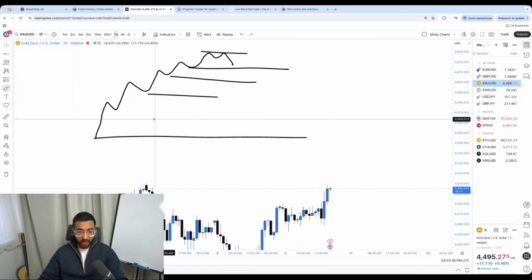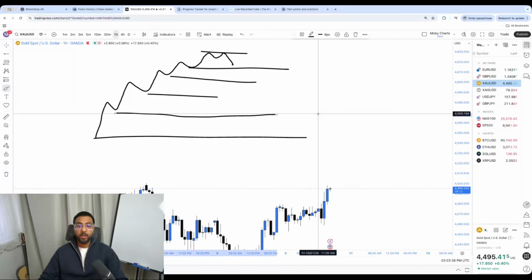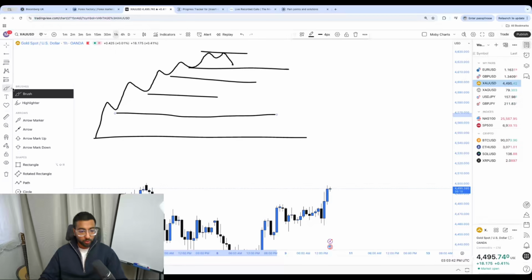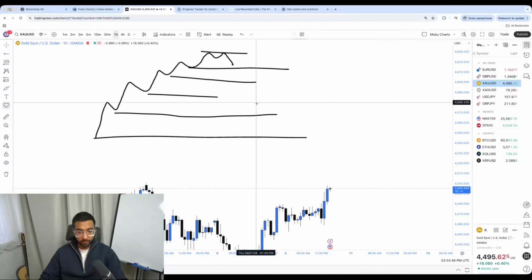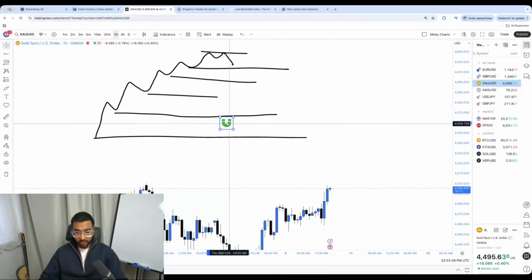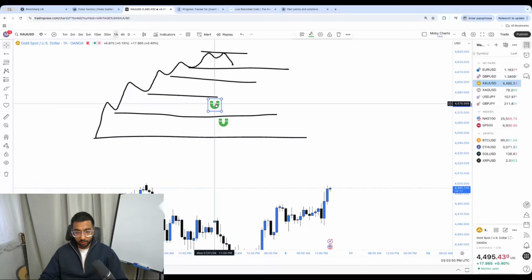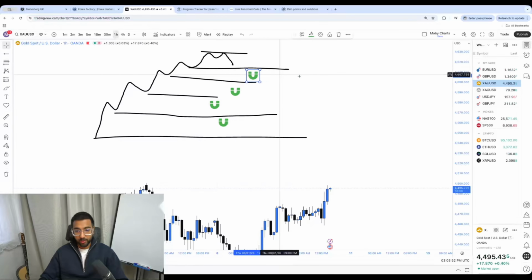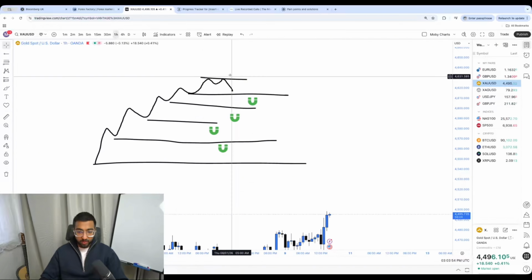Now, again, I like to use this as, imagine you had two magnets. Now imagine you are a magnet, and I'm actually going to try and get the image up right here. There we go. Let's say there's a magnet on each line. Now, let's say sell orders have just been activated. Price is going down.